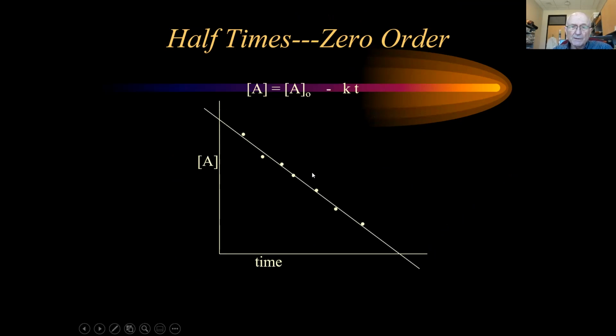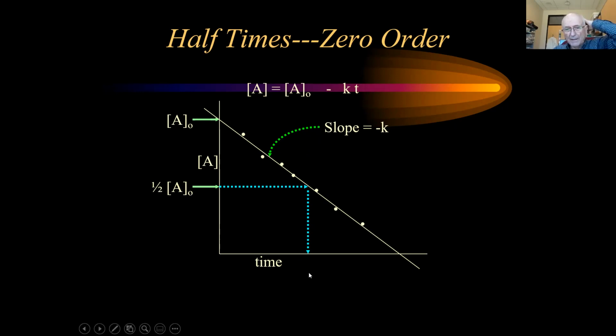So I could go into the data and determine the initial concentration and the slope. Now if I go down to half of that initial value and go over to the graph and down to the time, that is the half time for that reaction. It's the time it takes for half of your original concentration to go away and leave half of it still there. Now that would be 1 half time.